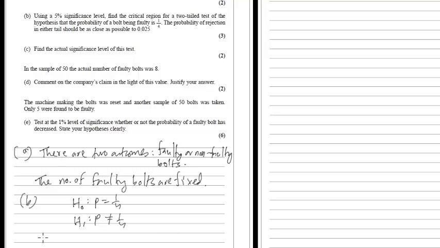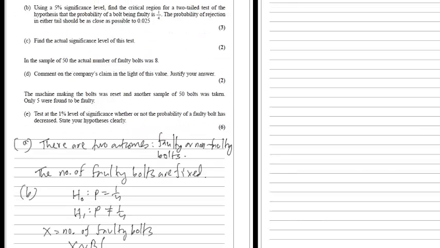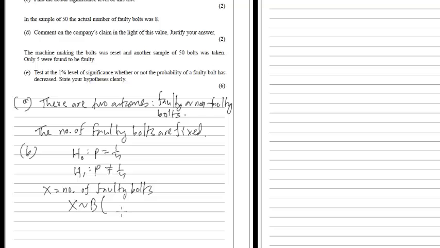1/4. So the distribution is going to be X equals the number of successes, that means the number of faulty bolts, and the distribution would be binomial with n is 50 and p is 1/4.